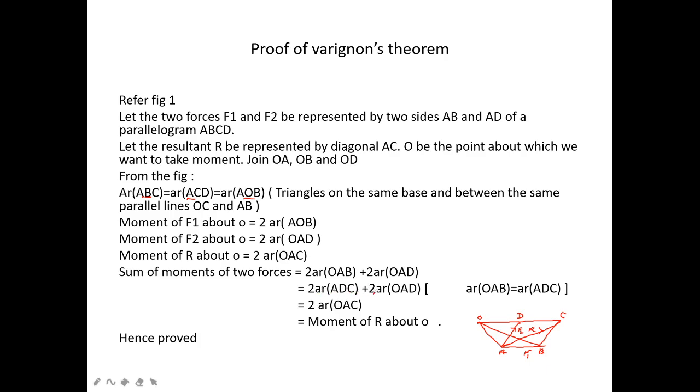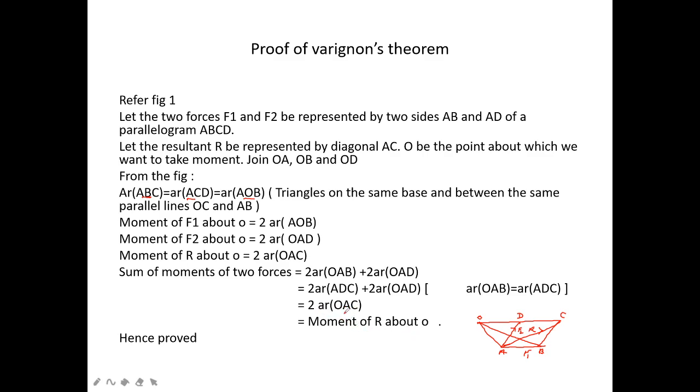So twice of area ADC plus twice of area OAD. Now if you take 2 common, we are getting area ADC plus area OAD. Now from the figure, area ADC plus area OAD is equal to area OAC. So that's why it is twice of area OAC.